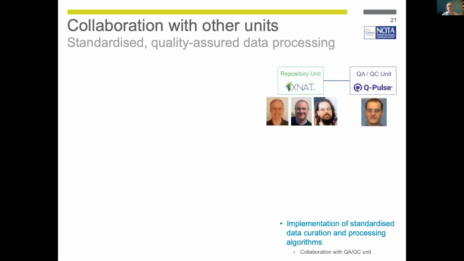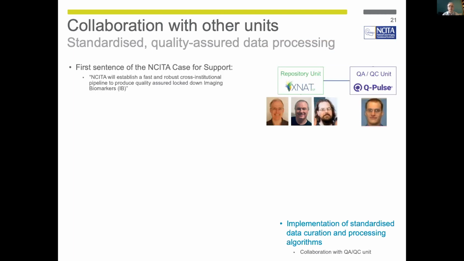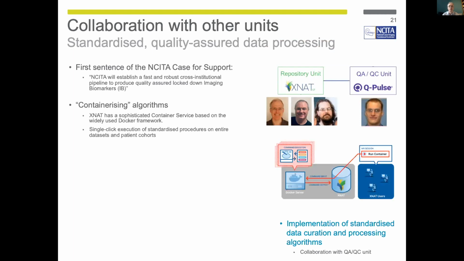So I just want one quick word about collaboration between other units. We've already talked about the robust biomarkers. How are we actually going to deliver this? Well, XNAT has a sophisticated container service, based on the widely used Docker framework.